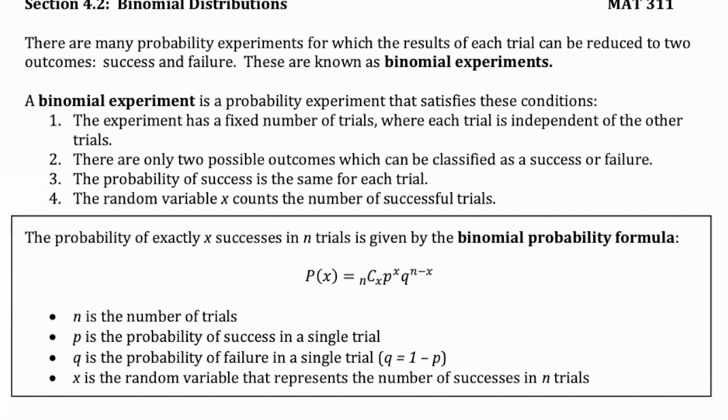And you can see, first of all, we have n and x in the combination notation that you've met previously. This is the same symbol. The letter little p is the probability of success in a single trial, and q is the probability of failure in a single trial. So using this formula, we can calculate a lot of probabilities quickly and simply.